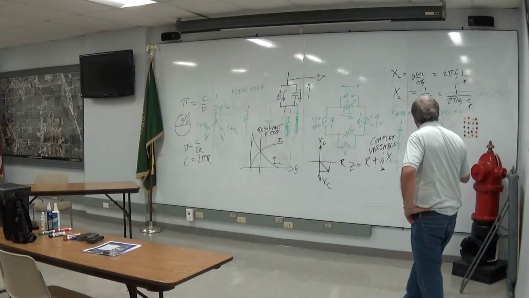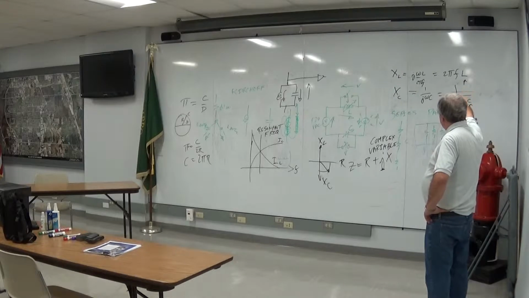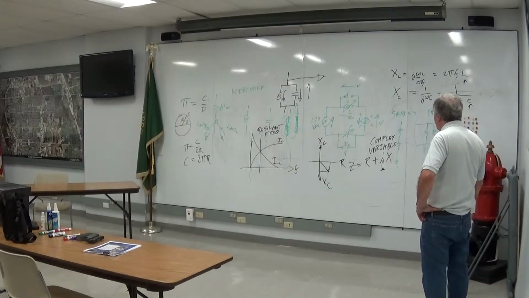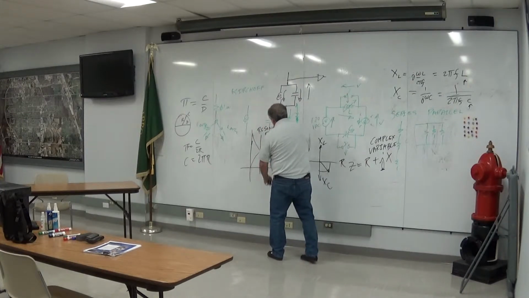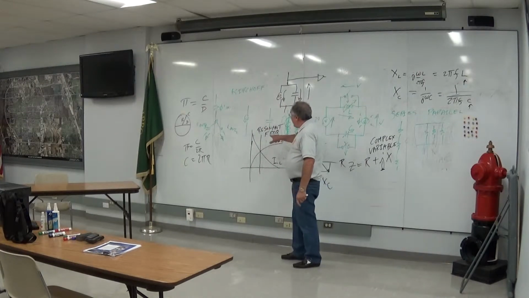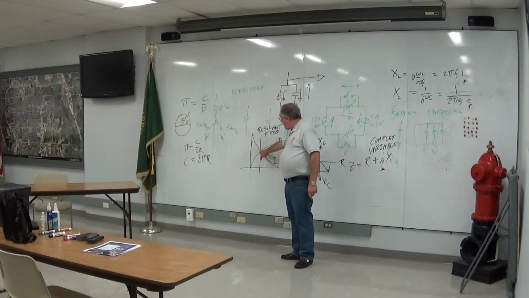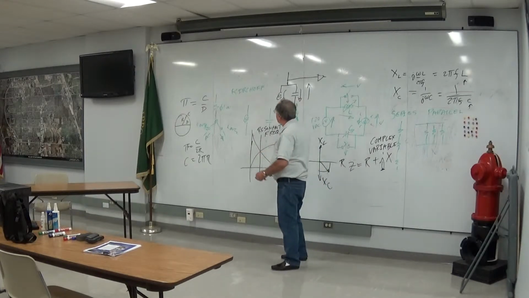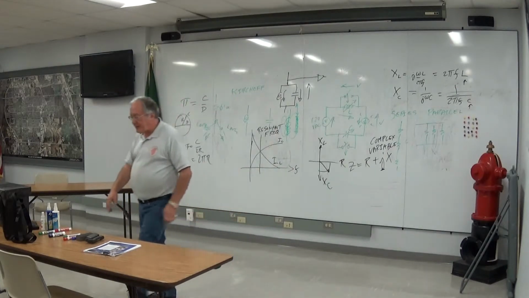Let me think. Okay, so what I'm doing with this stuff here is I'm saying, when you had this condition called resonance, you had the inductive and the capacitive impedances equaling each other. All right, so let me erase some stuff so I have room to put it down.